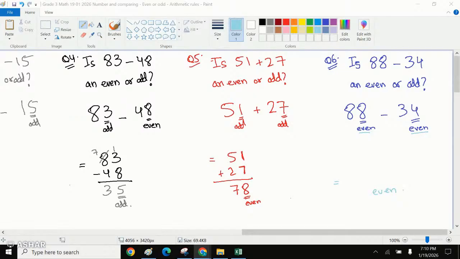And what is the result of 88 minus 34? We can say 8 minus 4 is 4. No, this is even, and 8 minus 3 was 5. And any number that ends with a 4 is even.